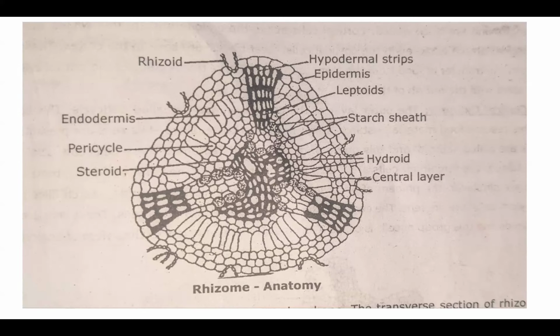But bryophytes are non-vascular plants. Here the vascular bundles, xylem and phloem, are not well developed. But these are highly developed bryophytes, so they show some higher plant characteristics. Inside the pericycle, you will see xylem and phloem-like cells.